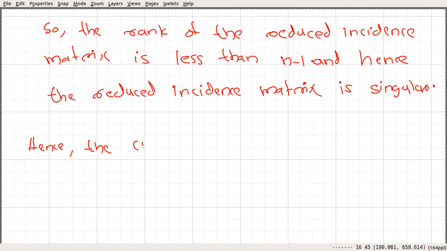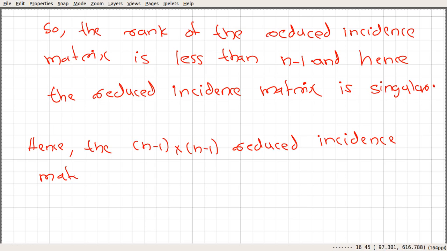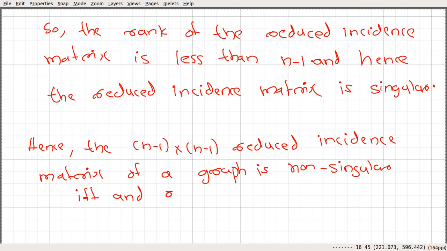Hence the n minus 1 by n minus 1 reduced incident matrix of a graph is non-singular if and only if that graph is a tree.